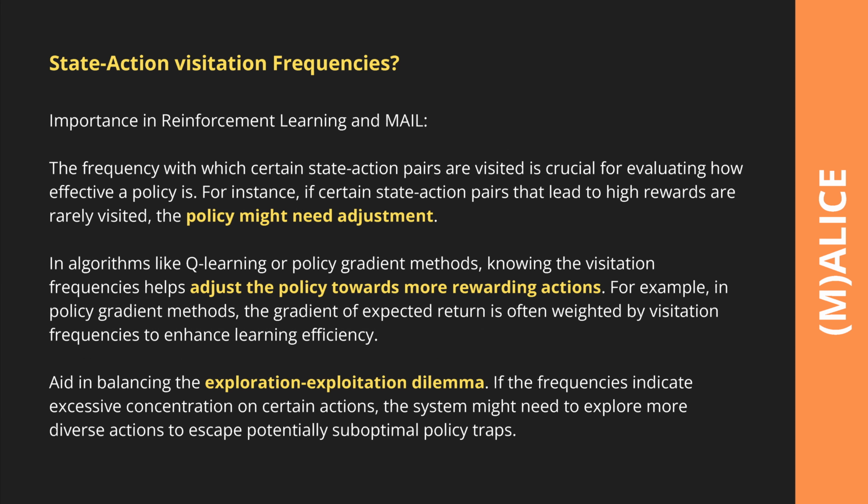Now, the frequency with which certain state-action pairs are visited is crucial to understand for evaluating how effective the policy is in general. So for instance, if certain state-action pairs that lead to high rewards are rarely visited, you have to adjust the policy. And I showed you in my old videos about Q-learning or policy gradient methodology, if you use this in knowing the visitation frequencies, this helps to adjust the policy towards those more rewarding actions.